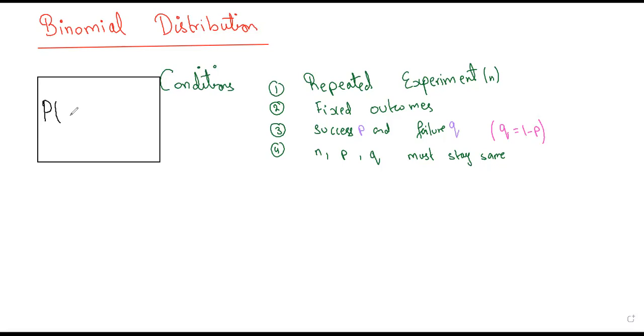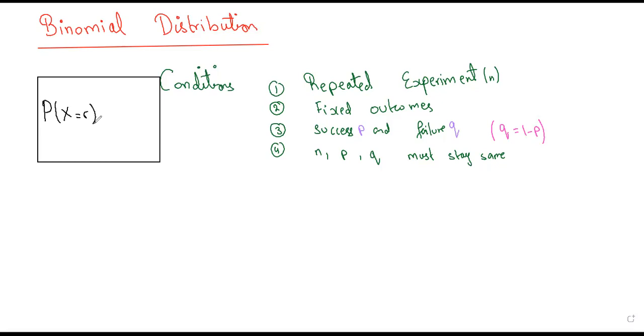This is a different scenario. This is not simple probability of getting 6. You are repeating the experiment, you have success and failure, you have fixed outcomes, and what exactly we are finding is the number of times you will get 6 on it. So that is basically R.